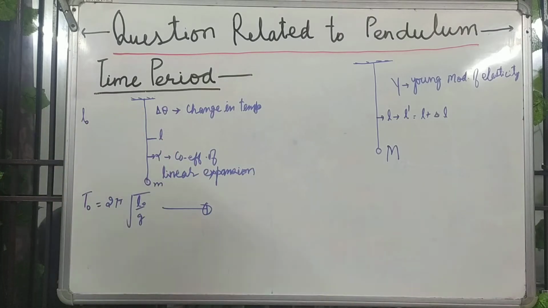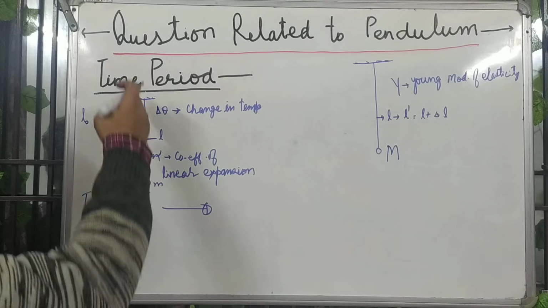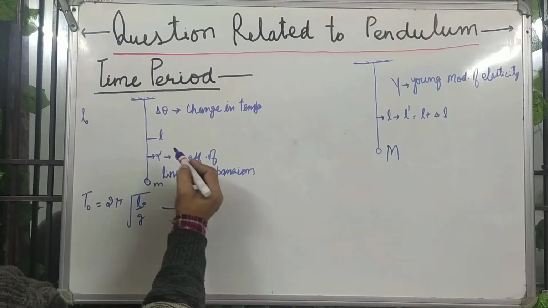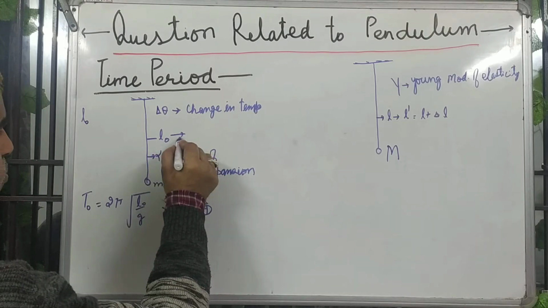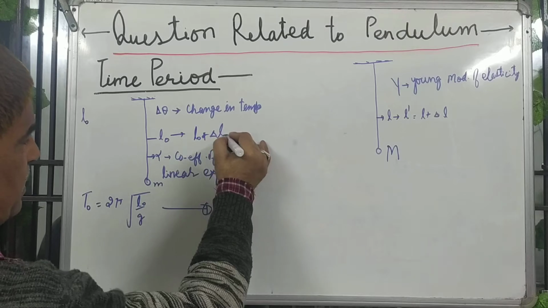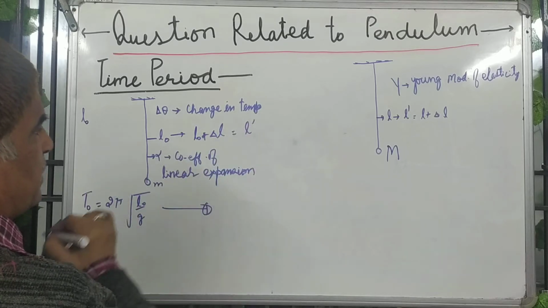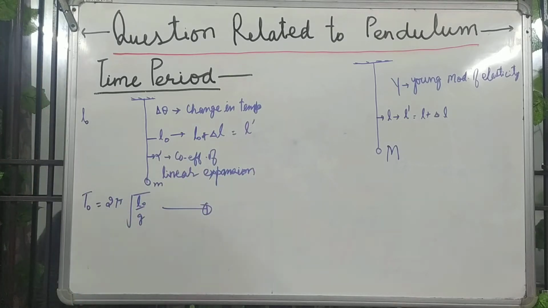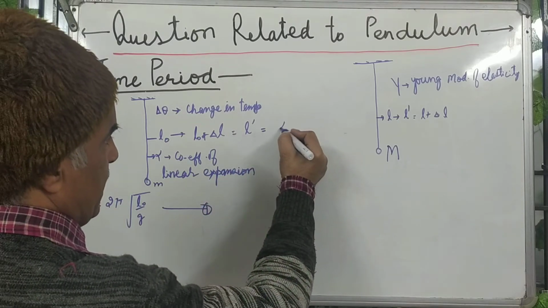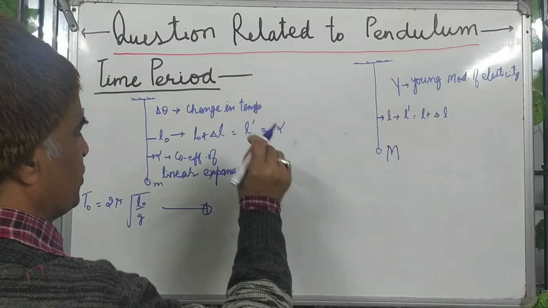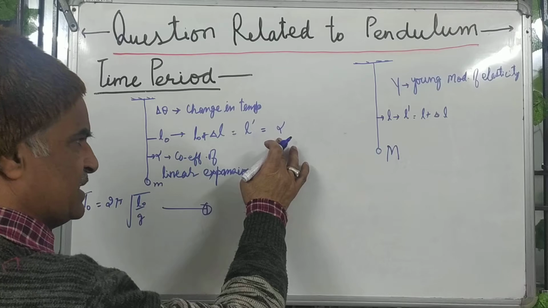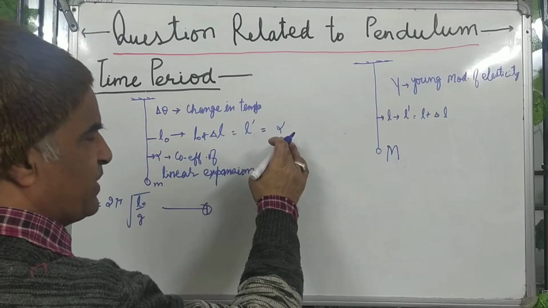The temperature is increasing, so the pendulum length is also increasing. The length becomes L naught plus delta L, and this is L dash. Alpha is the coefficient of linear expansion.